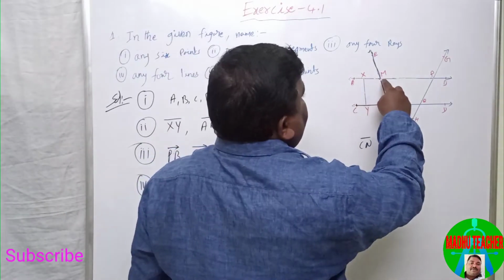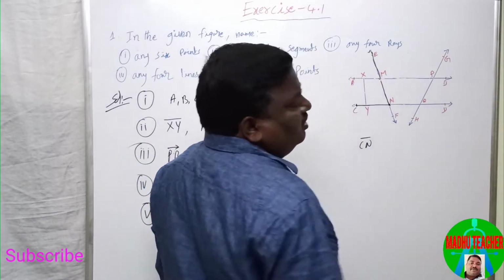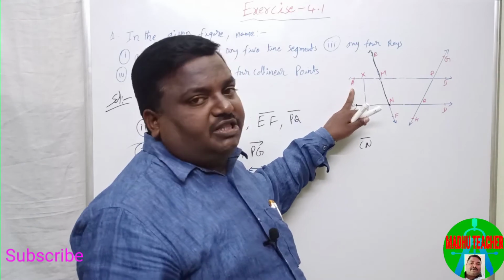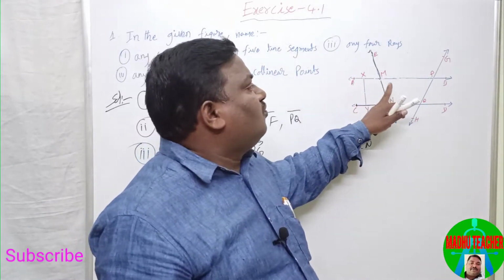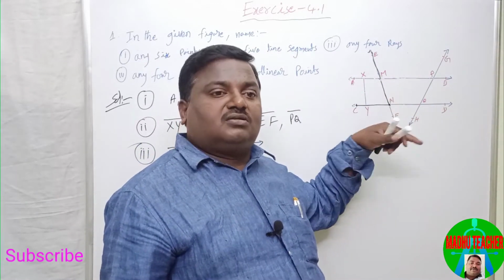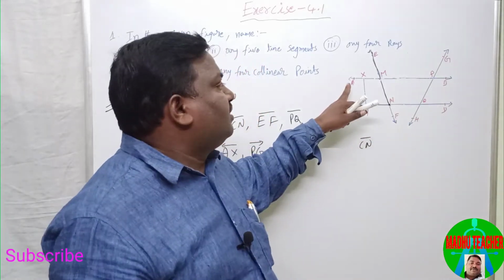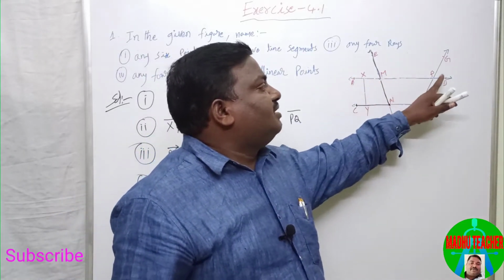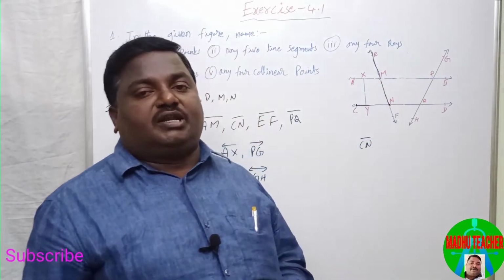This AXMPB, these all are also collinear. Not only 3 points, if we have 4 or 5 points on the same line, they are also collinear. Therefore AXMPB, these all are collinear points.